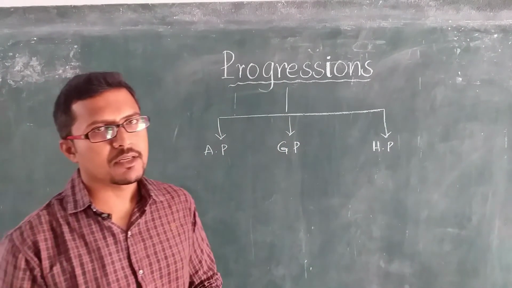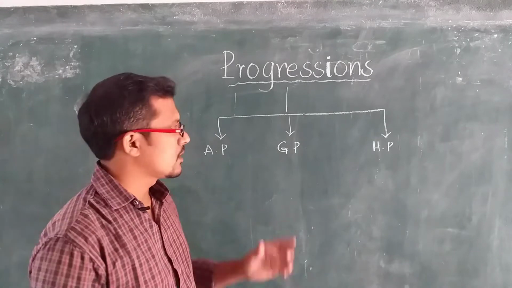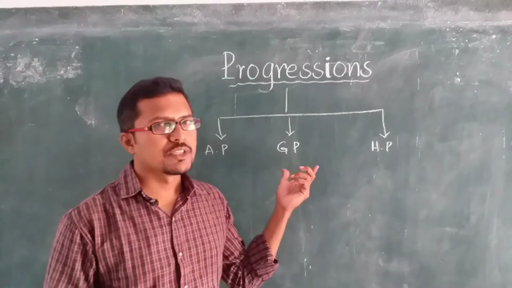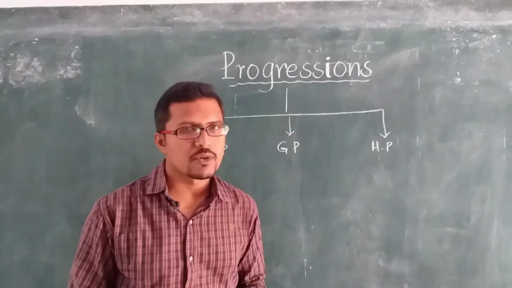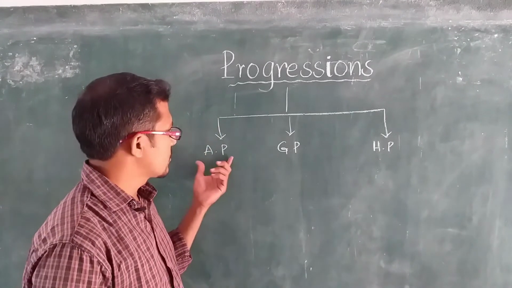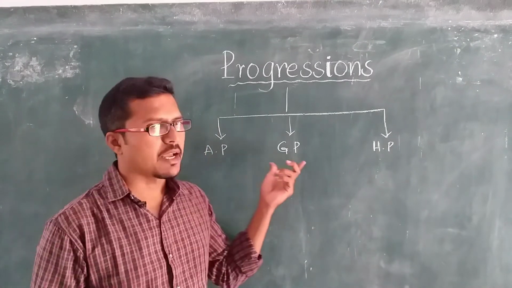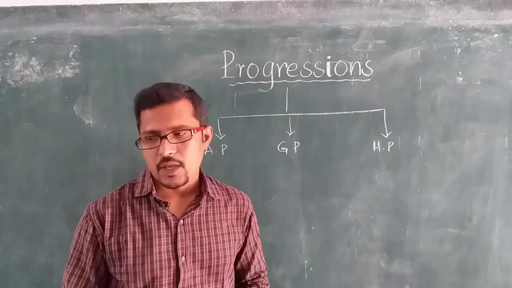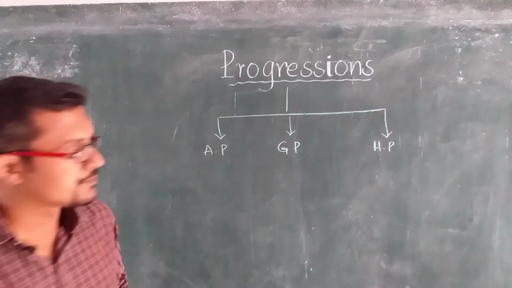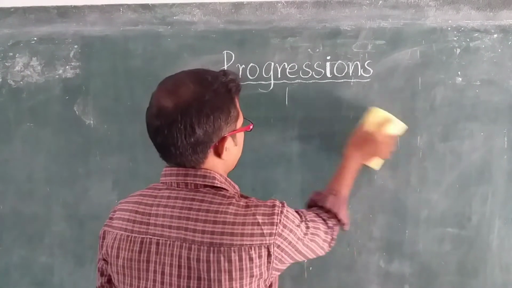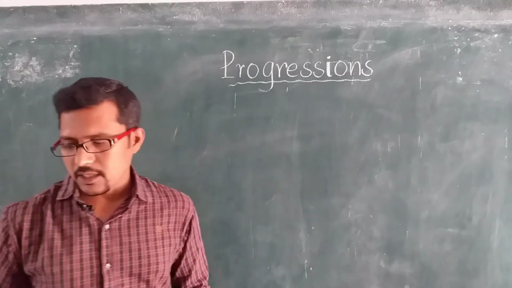In this chapter we will only discuss AP and GP. HP is excluded. So first we are going to see arithmetic progression.